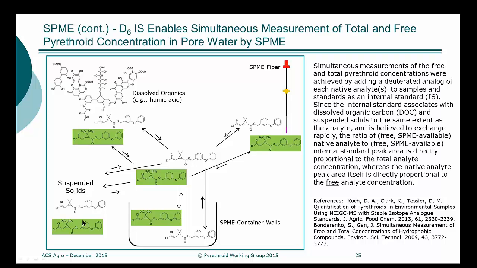Suspended solids will also bind to these compounds, as well as some of the dissolved organics. The premise with SPME here is that there will be an equilibrium between the native and the deuterated, so that we can then calculate the ratios to determine our final results. These also interact with the SPME fiber itself.